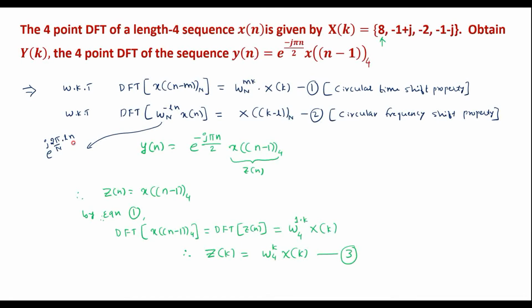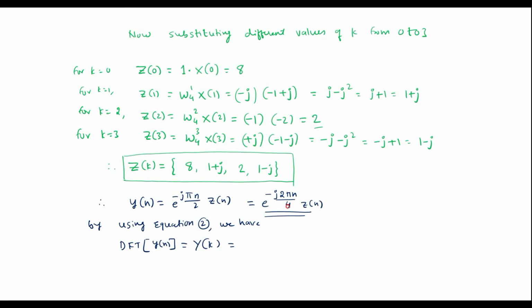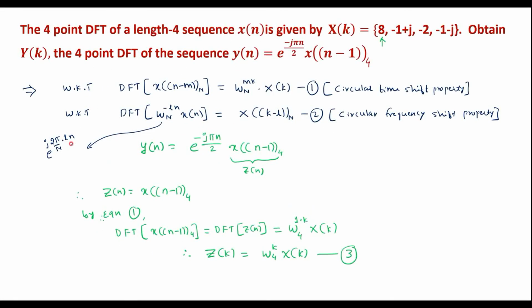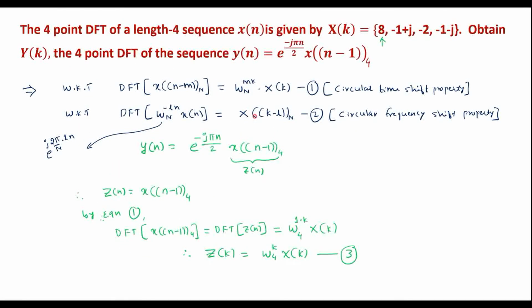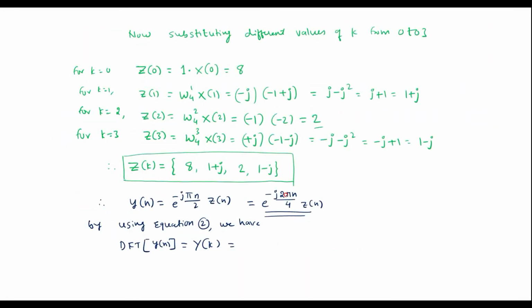Here N value is 4, and L value in this equation is minus 1. When L value is positive, it will be x of k minus L. In this case, L value is minus 1.